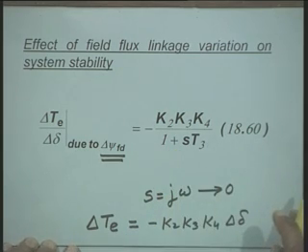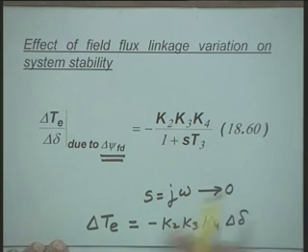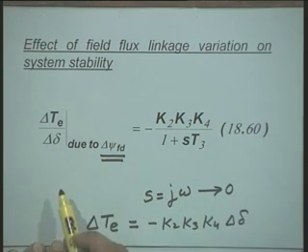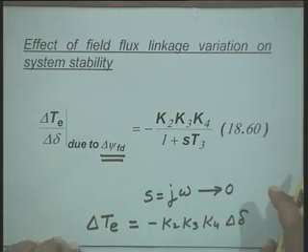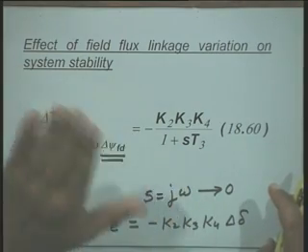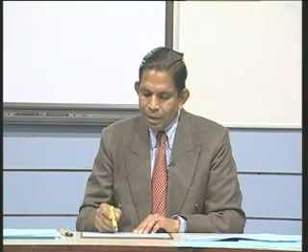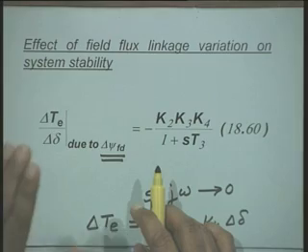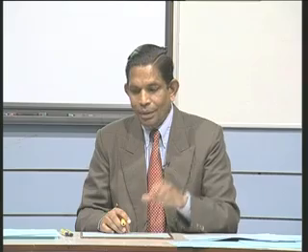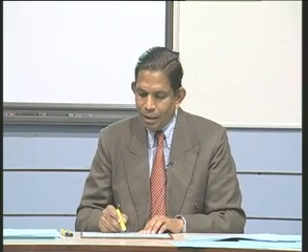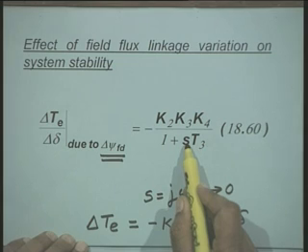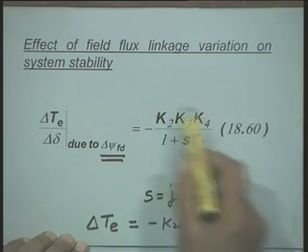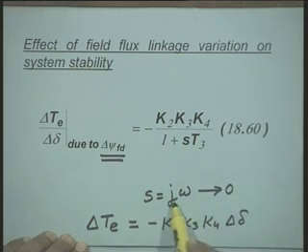Okay. Now, here we can examine the effect of frequency of oscillation of the rotor. In case the frequency of oscillation is 0, right, then we can substitute in this expression s equal to j omega equal to 0.